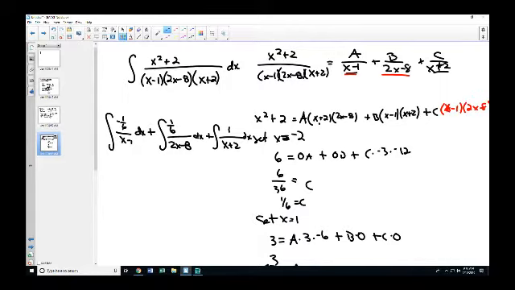Yeah, that's how you're setting it up. B was 1, not 1/6. A was negative 1/6. C's 1/6, B is 1. See? Got it. Check.